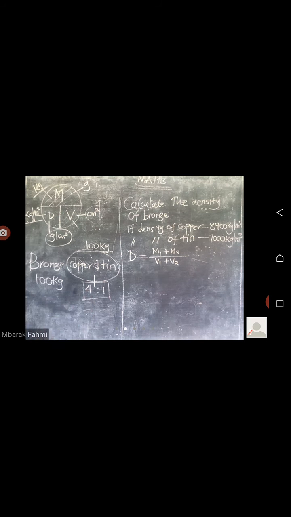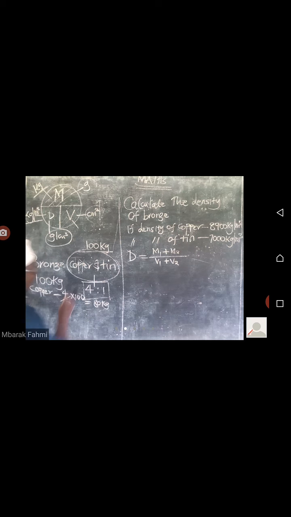So the mass of copper will be 4 over the total ratio, 4 plus 1 is 5, times 100. 4 over 5 times 100, 1 by 5 is 20, so it is going to give us 80 kilograms.